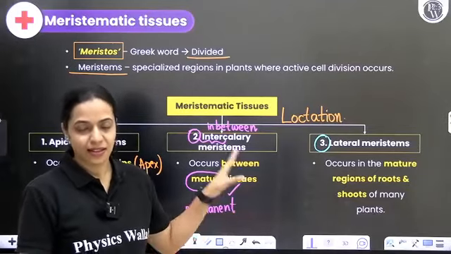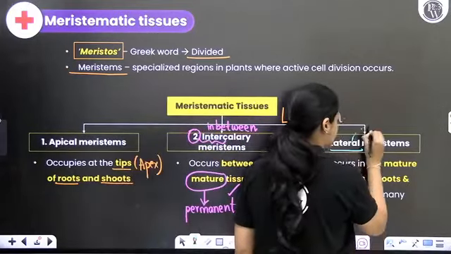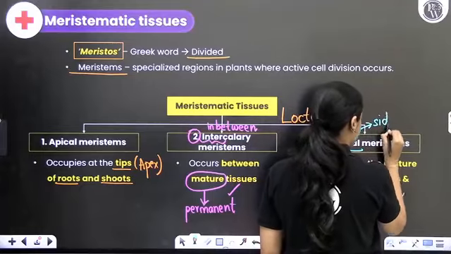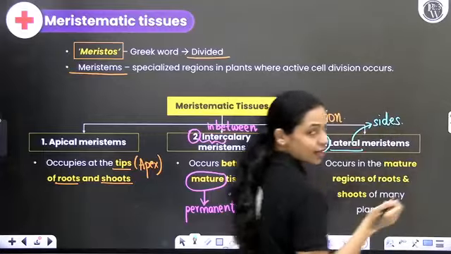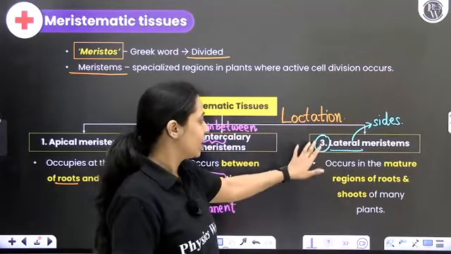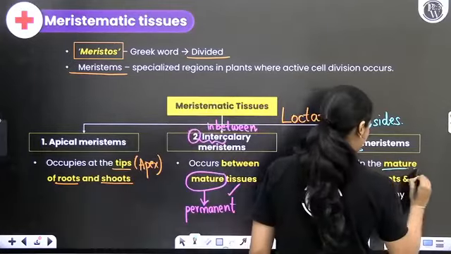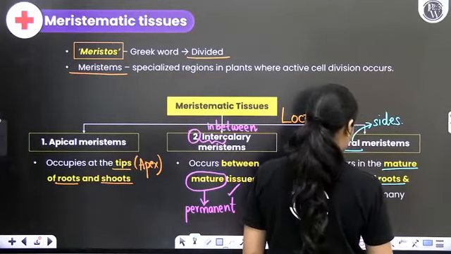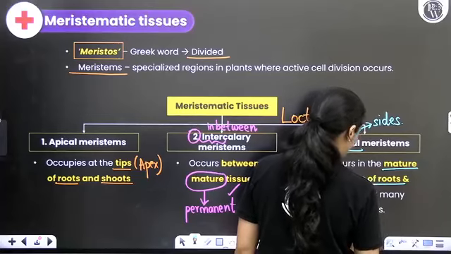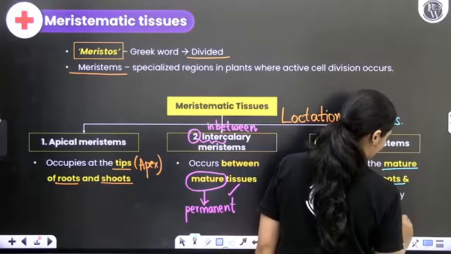So these meristems are present laterally, meaning they are present on the sides of certain plants. Mostly you find this in dicots only, dicot root and dicot stem. These also occur in the mature regions of roots and shoots. You see this in dicot plants as well as gymnosperms. You don't see this in monocots.